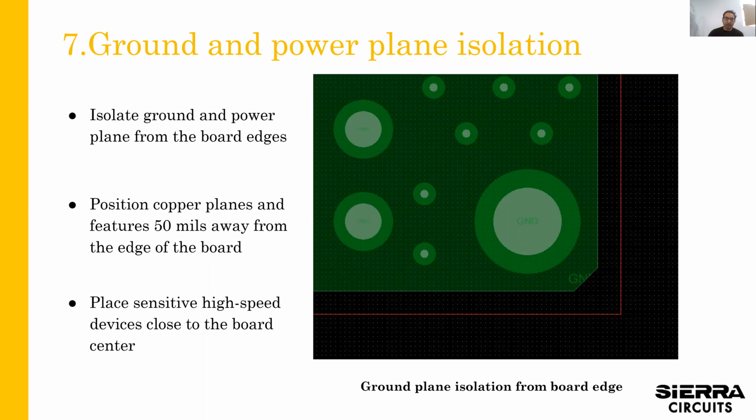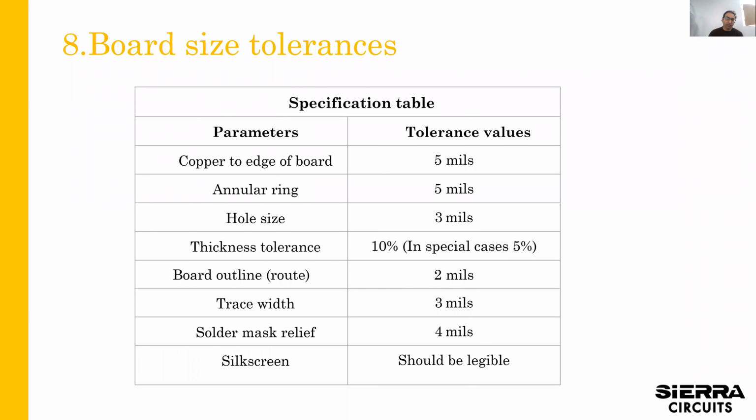So you want a good understanding of your ground and power and keeping that away from the edge of the board. For us, a routing tolerance is plus or minus 5 mils, and I would say most fabricators have a plus or minus 10 mil routing tolerance. So I would definitely follow those guidelines that your fabricator has for route tolerance and keep the copper from the edge of the board.